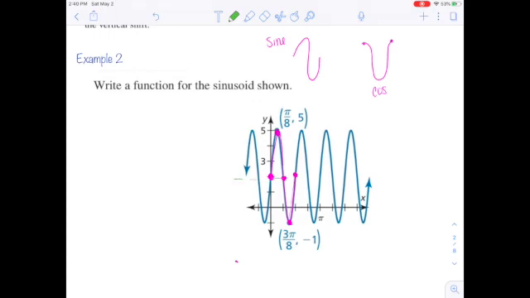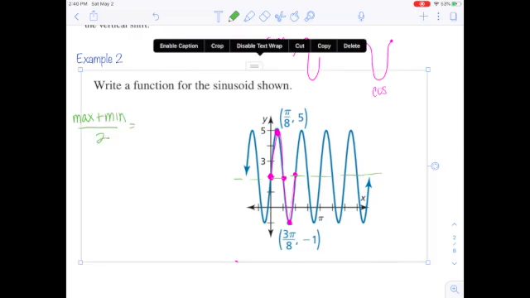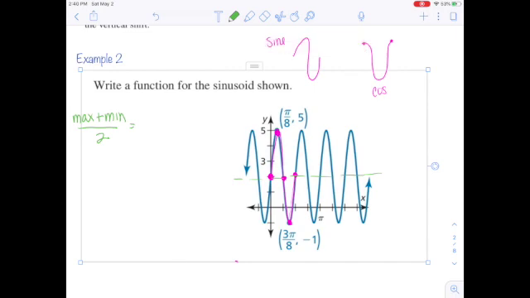I find the middle of my graph. You can find the midline any way you want to. One option is to take your max value plus your min value and divide by 2, or find the middle. That'll give you your midline.